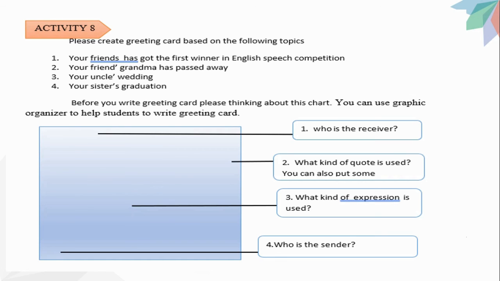To help the students create a greeting card, we could use a graphic organizer. By implementing media such as a graphic organizer, it could help students create a good greeting card. I think that's all on how to create learning material based on higher order thinking skills.